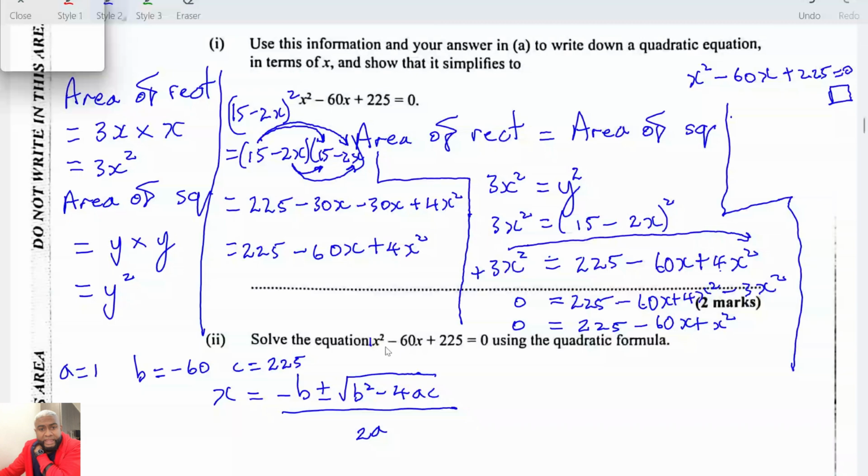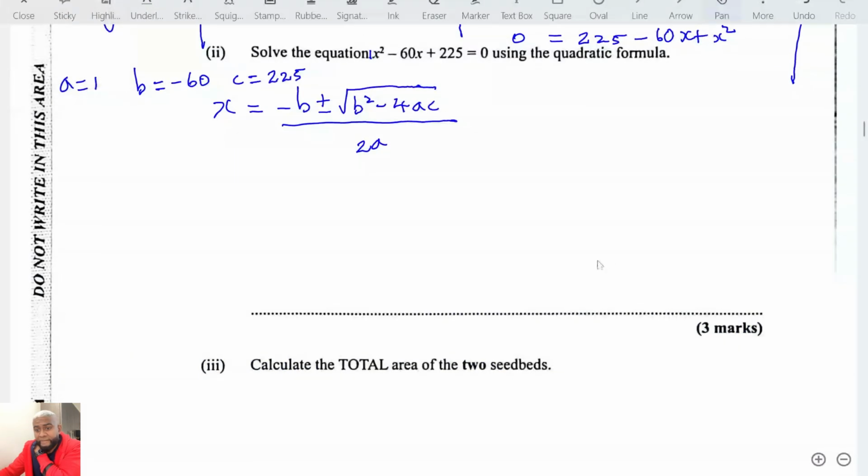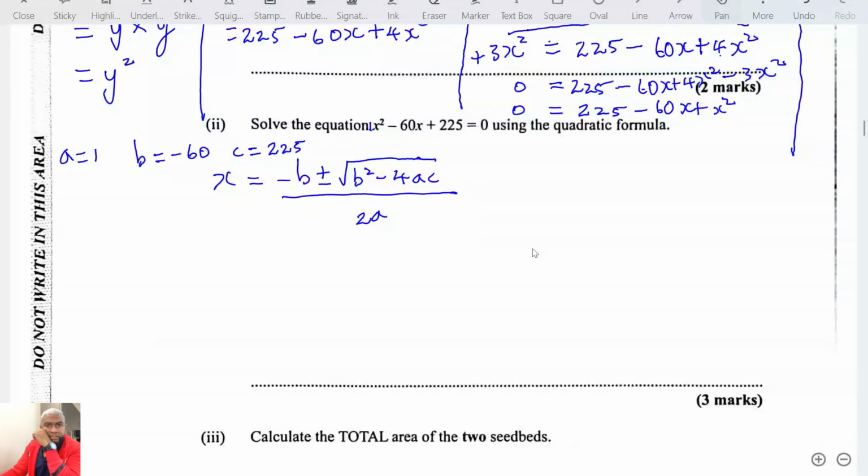For part 2, A is equal to 1 because the coefficient of x squared is 1. B is equal to negative 60 because the coefficient of x is negative 60. And C is the number that is by itself. Right? So let's solve this equation using the quadratic formula. So we have x is equal to negative, what is B?